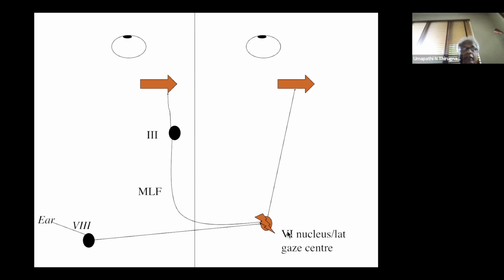So again, when you go back to your wards and you see your middle cerebral artery infarction patients, you lift up the eyelids, the eyes are pointing. Let's say the patient has got a right MCA infarct, the eyes are pointing towards the right.